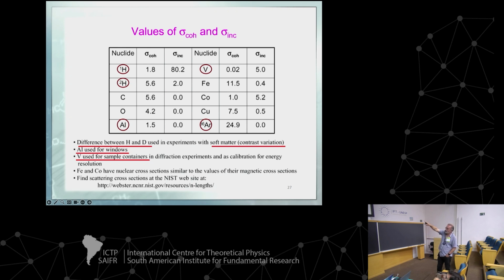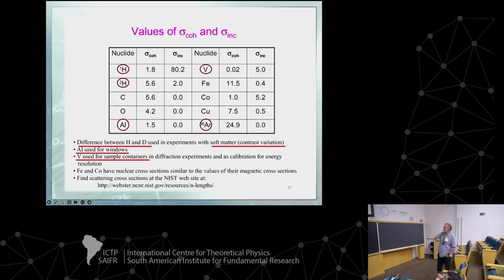Now you have aluminum, for instance. It's very interesting because it has no incoherent. So that's good in that respect. Bad if you want to study dynamics. Vanadium, coherent, practically nothing, which means that it's transparent. So typically windows in detectors are made of vanadium.